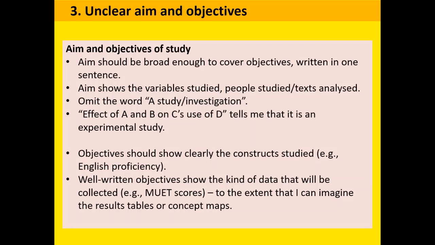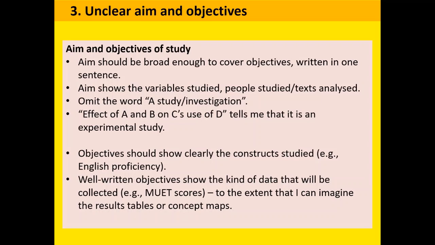And the words used in the aim are very informative. If I see something like this, effect of A and B on C's use of D, immediately I know it's an experimental study because of the word effect. Only experiments can study effect, because they control all the extraneous variables.